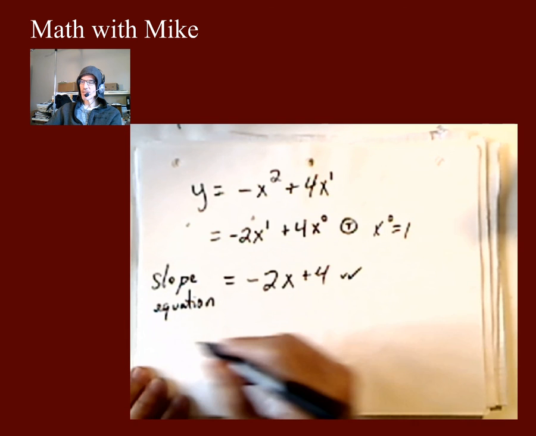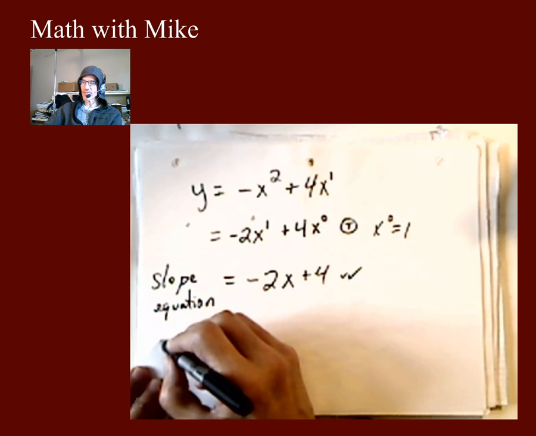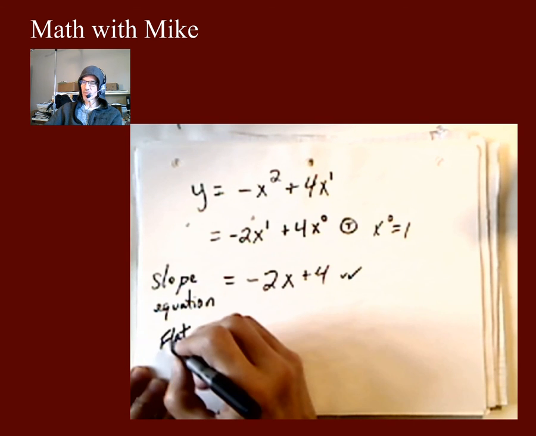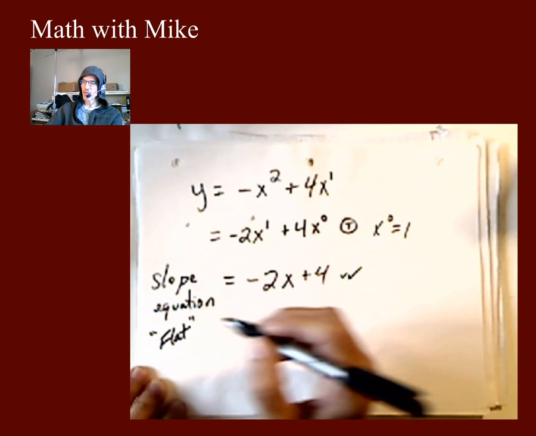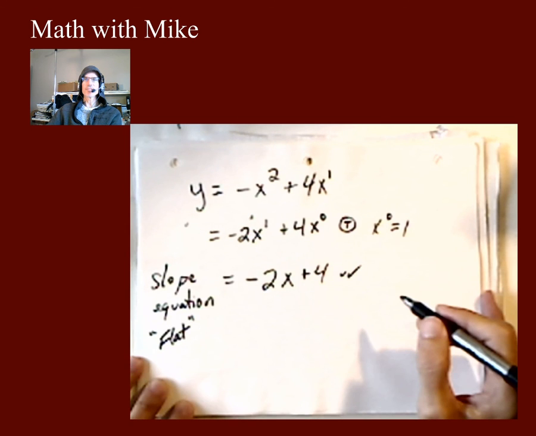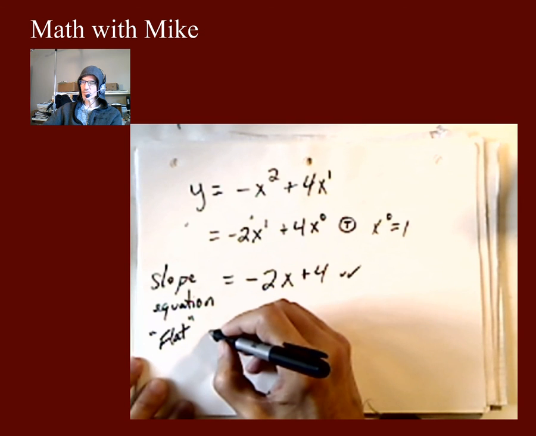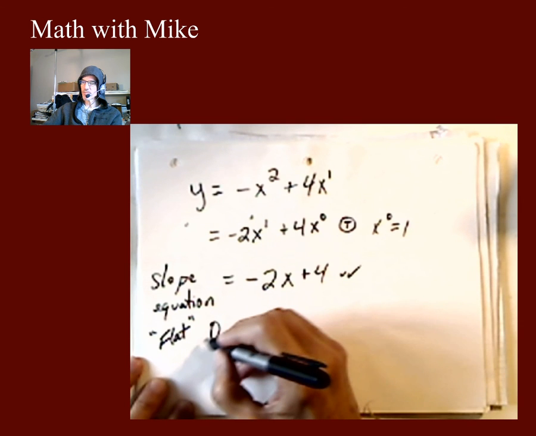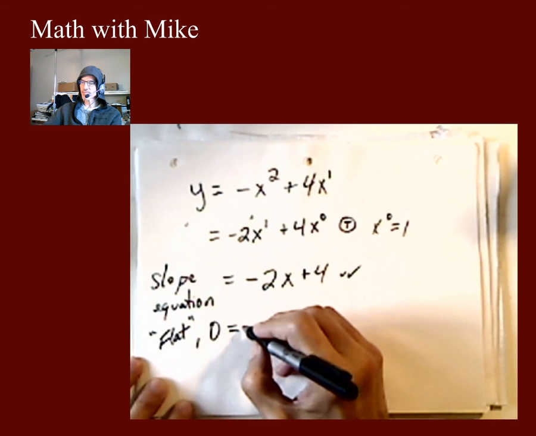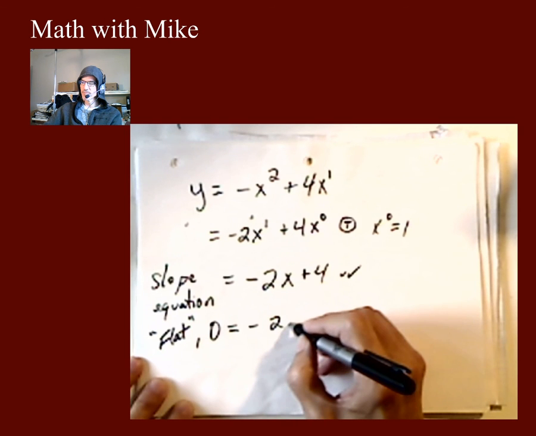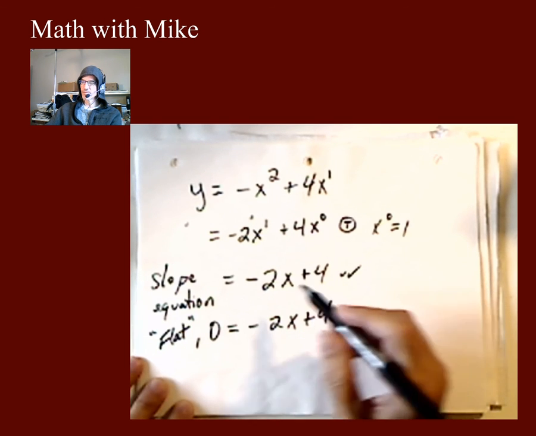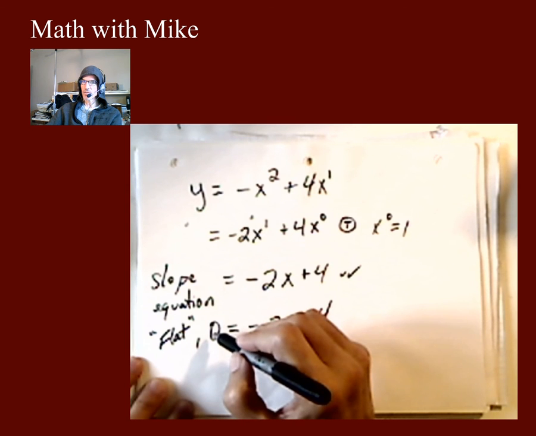Now, we wanted it flat. Where is this graph flat? Where is the slope equation equal to 0? Well, look what we did. Slope equation, set it to 0.